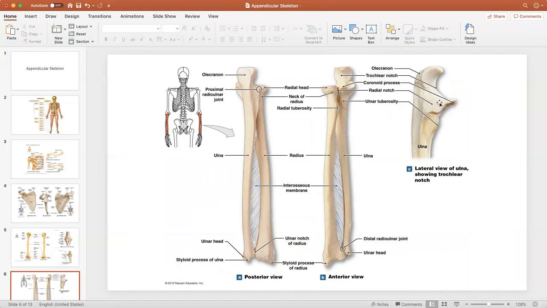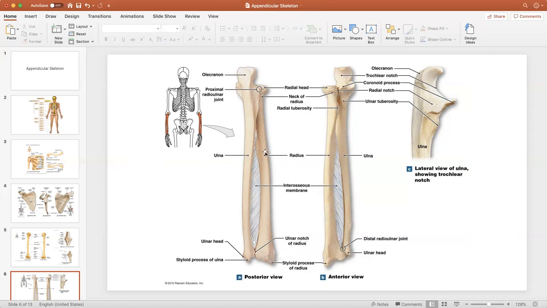And we have the radial notch, because the radial head attaches into that radial notch of the ulna. The radial head is proximal, the ulnar head is distal. They like to try to trick you on that one. You have the styloid process on the radial side, on the radius, and then distally you have the radial ulnar joint here, the ulnar notch on the radius.